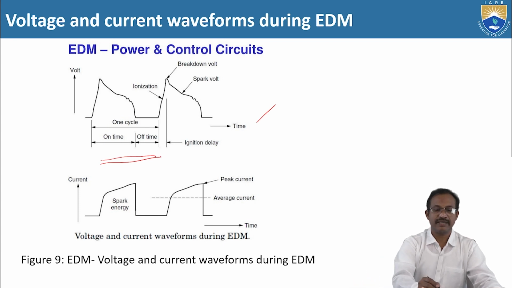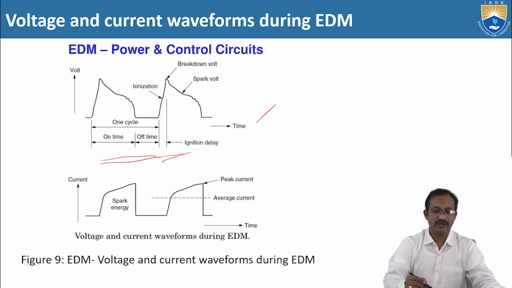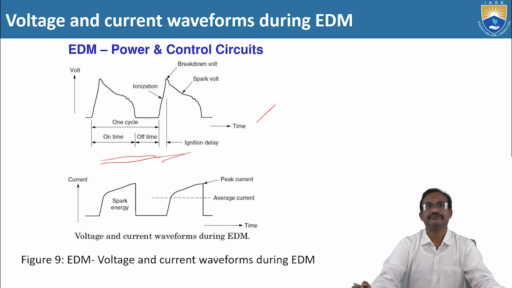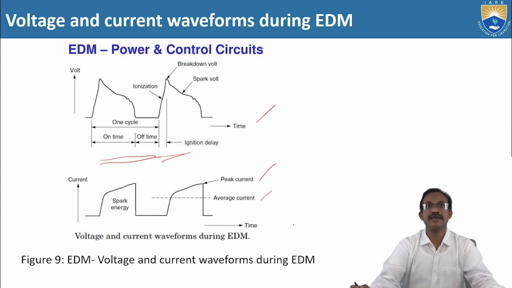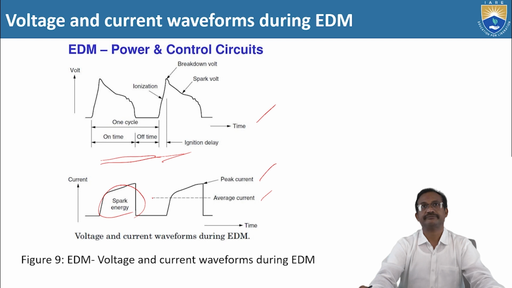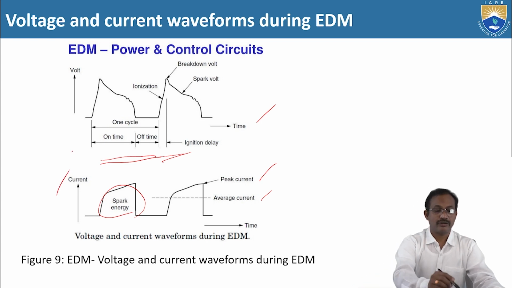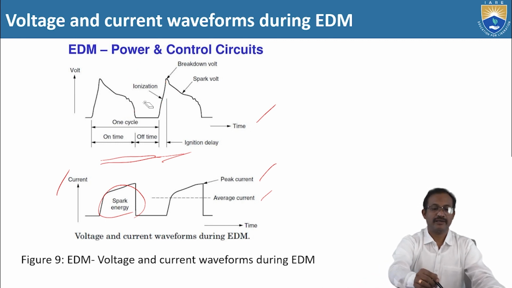So this is the ignition delay. When you come to current, this is peak current, this is average current, and x represents time. This is called spark energy. So in current we have spark energy, again in voltage we have the ionization process.